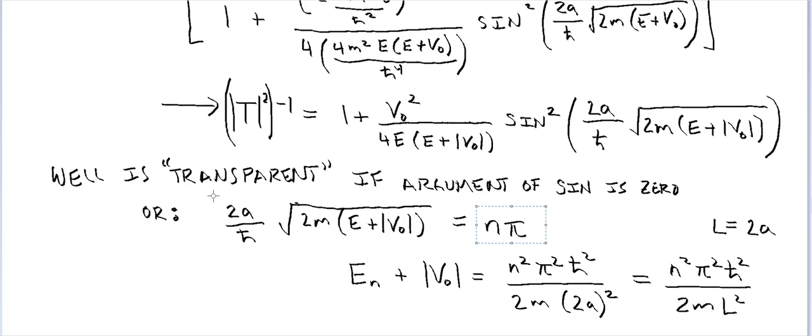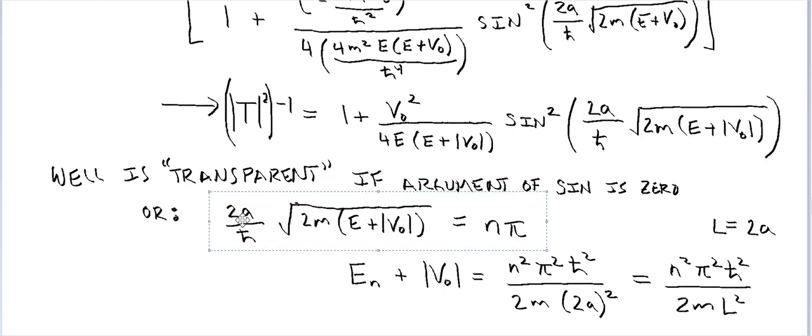And so the argument being 0 is kind of a boring case, right? That speaks to the well having no width. But the interesting case is when this piece is an integer multiple of pi.